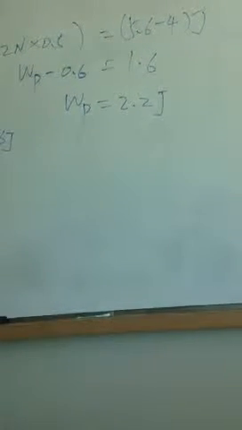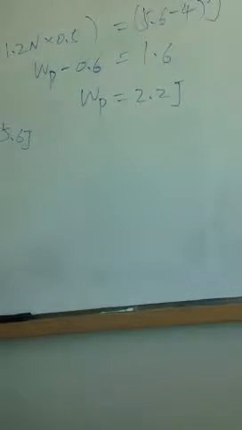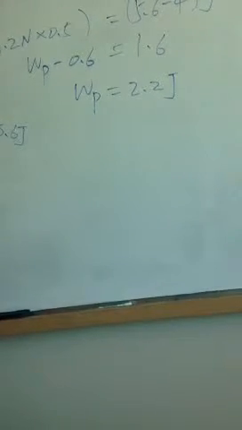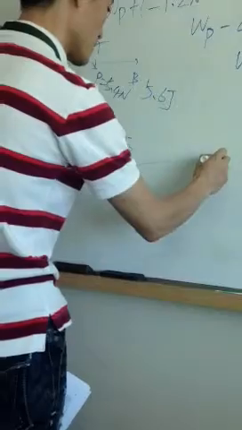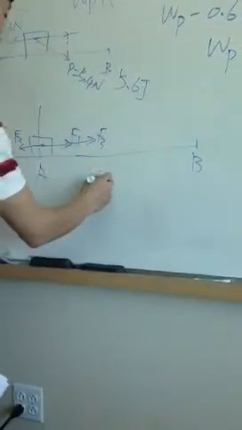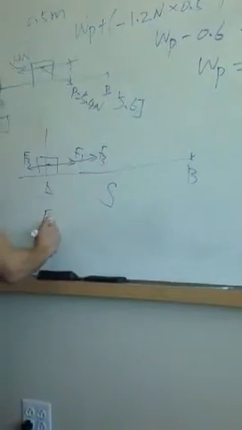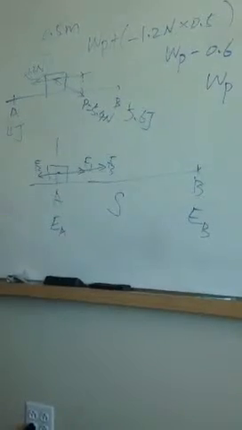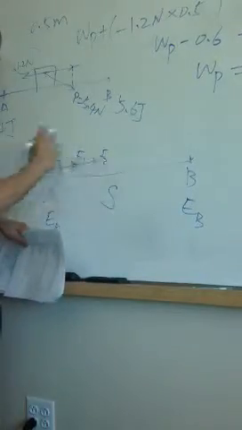So, for example, an object has several forces: F1, F2, maybe even F3, and then it moved from A to B, which has a distance S. We know the energy here is energy A, energy here is energy B. The change of the energy is because of those forces, right?